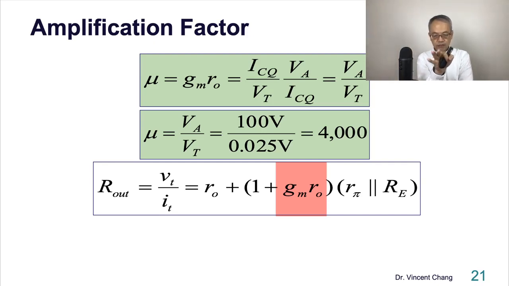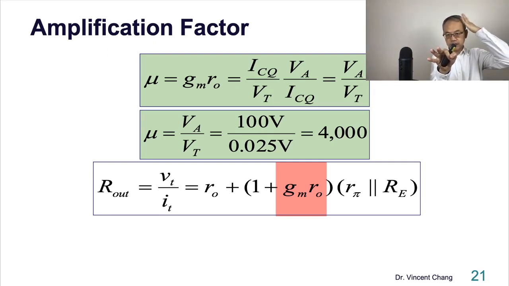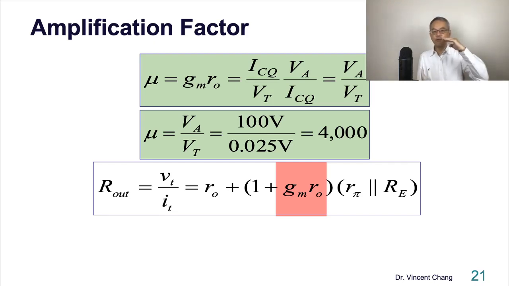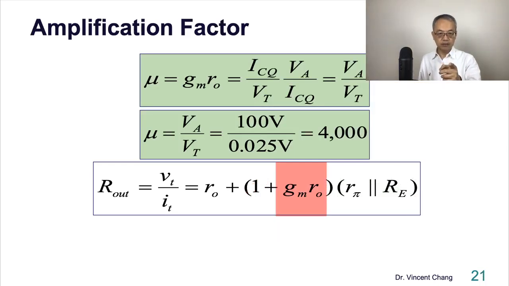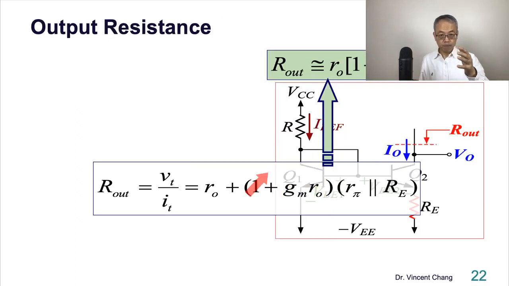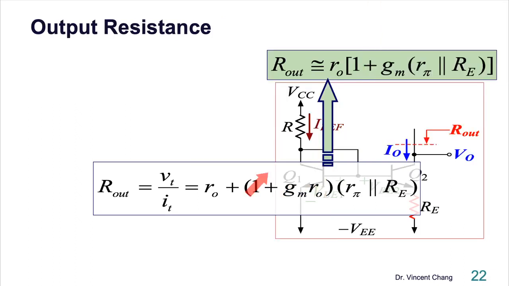Therefore the typical value for mu is very big, around 4,000 or 5,000. So 1 is negligible. This one is the exact solution, the accurate one, and the one on top is a very good approximation.